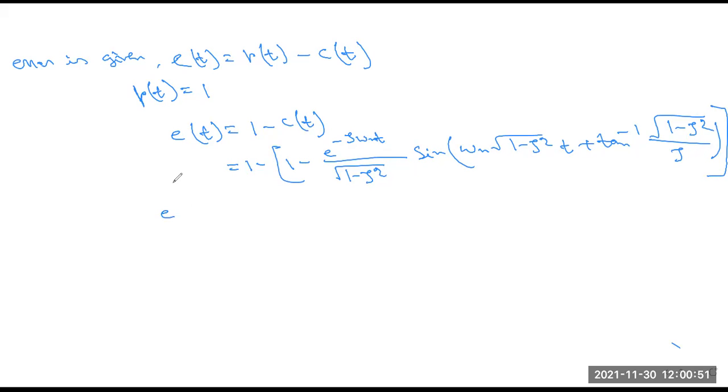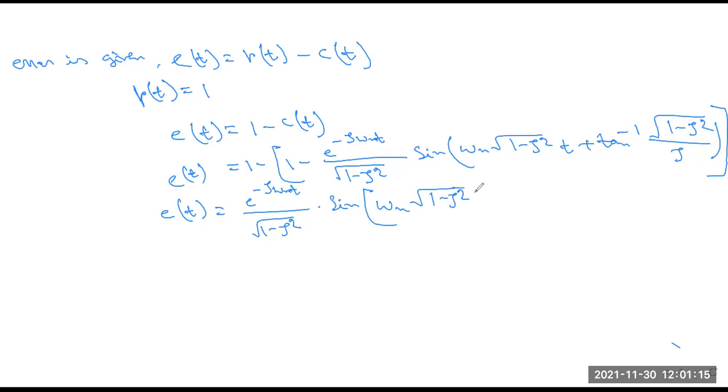So we write this value: e(t) equals e to the power minus zeta omega n t divided by root over of 1 minus zeta square into sine of omega n root over of 1 minus zeta square t plus tan inverse root over of 1 minus zeta square by zeta. So this is the error of the system.